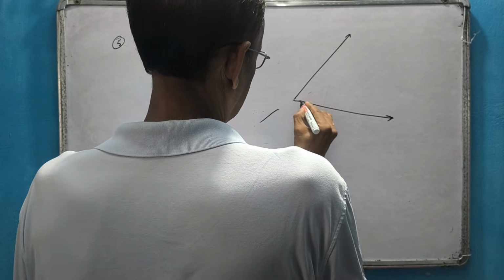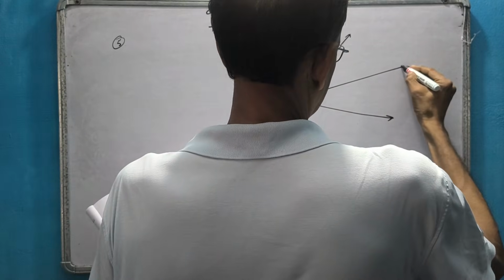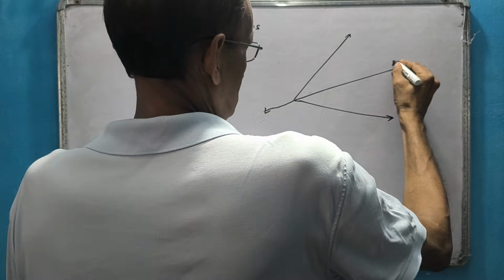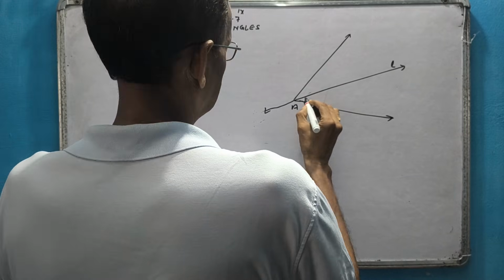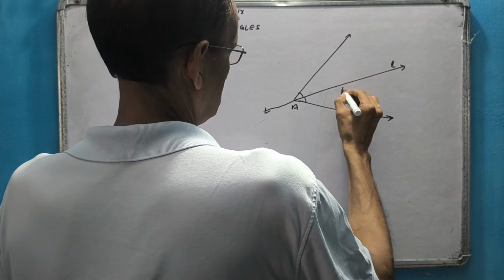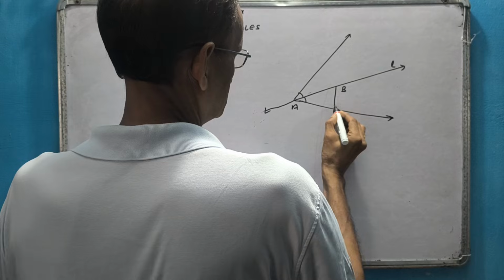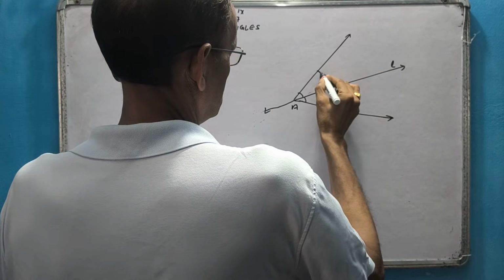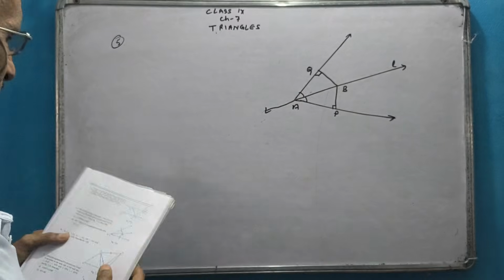Draw the diagram properly. We should use the scale actually. This line L bisects angle A. What is the meaning? This equal to this. There is a point here B, and from B, BP is perpendicular and BQ is perpendicular. Okay, this is the diagram.